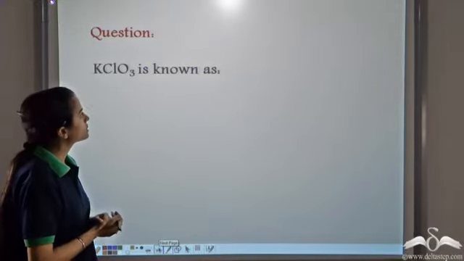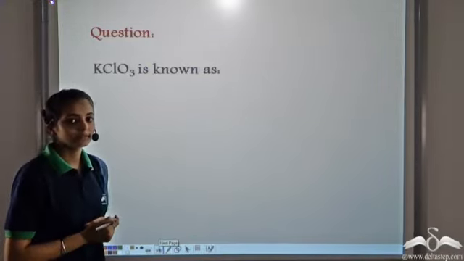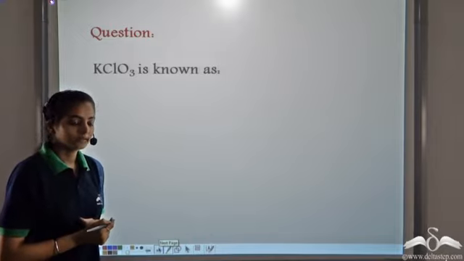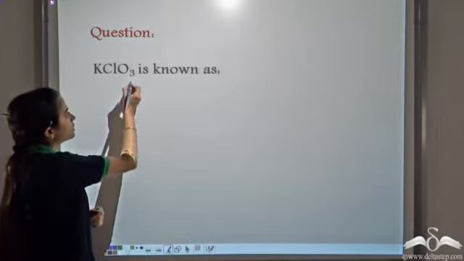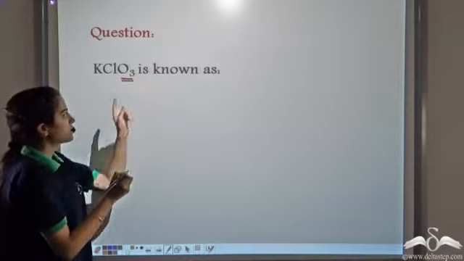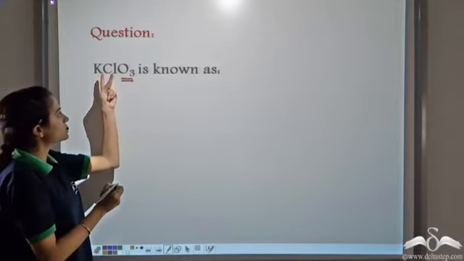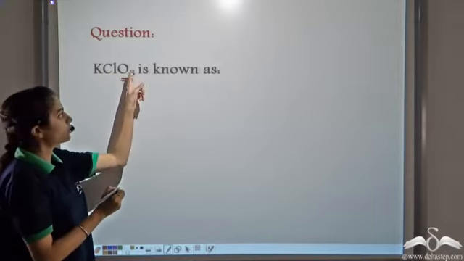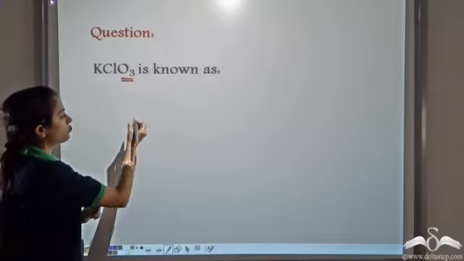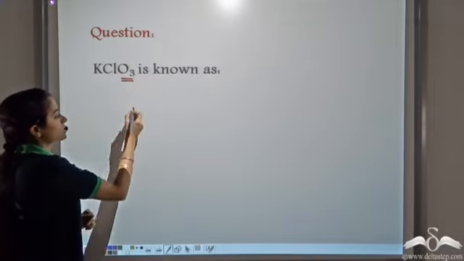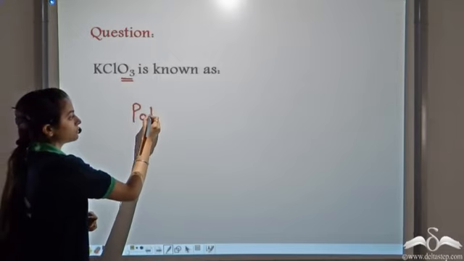So following the rules, KClO3 is known as, so we know when the number of oxygen atoms is 3, we have 2 elements, 1 oxygen, and number of oxygen atoms is 3. The name of metal remains as it is. In this case, the metal is potassium.